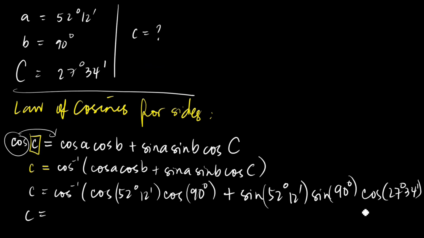Then you just use your calculator here. So we have cosine of 52 degrees, 12 minutes times cosine of 90 plus sine of 52 degrees, 12 minutes times sine of 90 times cosine of 27 degrees, 34 minutes.